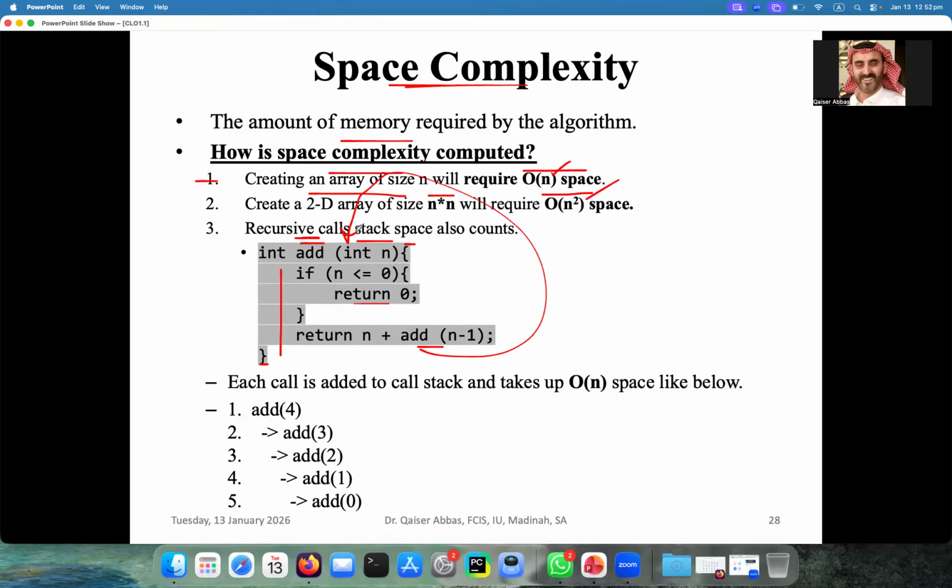And then on each call, the values will be pushed into the stack. And when all the recursion ends and the base case executes, that will return some value, and then all values will be popped. And finally, the stack will be empty. And that stack, you know, is a data structure that you studied, and it means it will take memory.